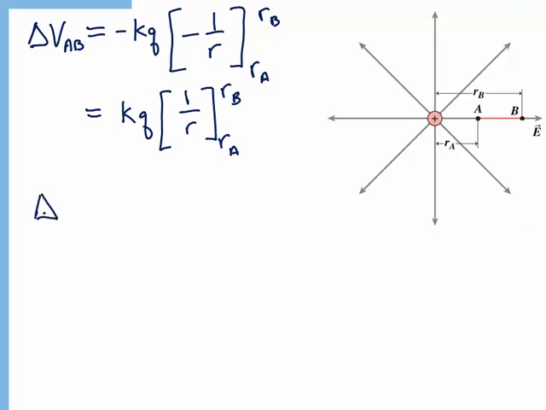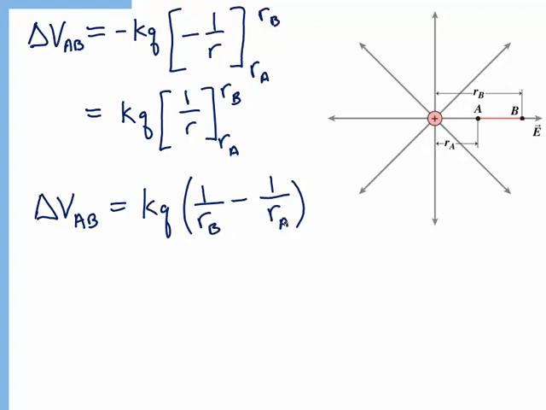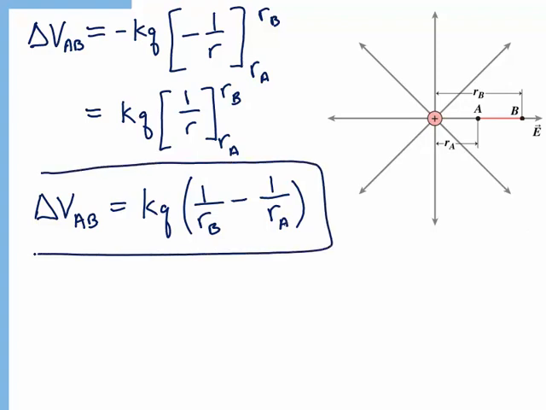And so what we end up with is delta VAB, the electric potential difference between those two points in space, point A and point B, is KQ times 1 over RB minus 1 over RA. That's our result, and it turns out that we can simplify this result in a certain way, and that's what we'll talk about on the next slide.